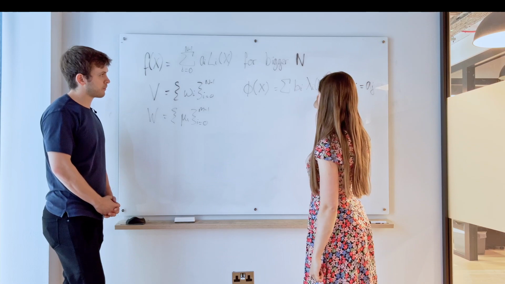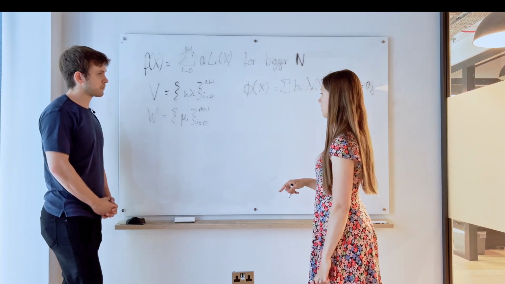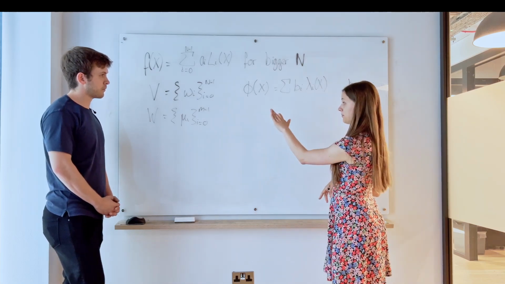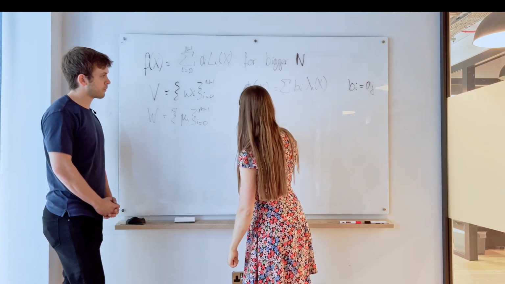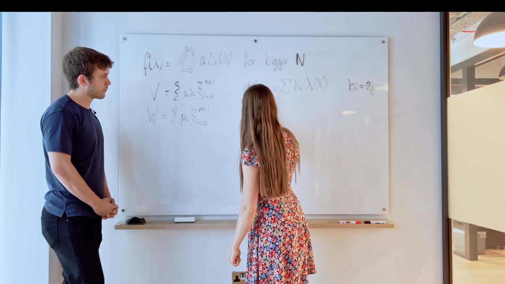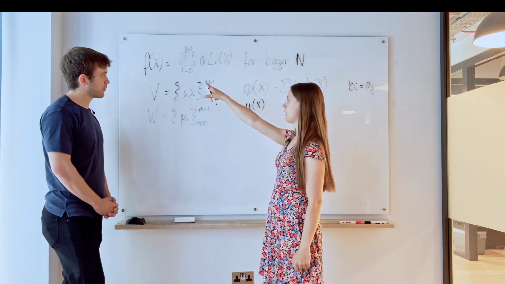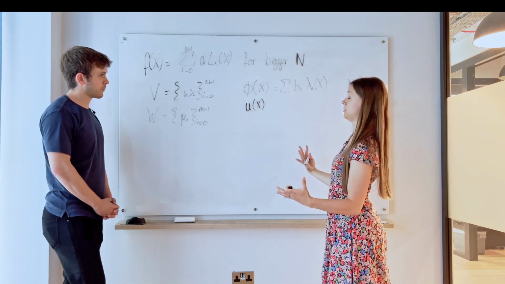Okay, so now we want to relate phi of x to f of x. But our problem is that the roots of unity are different. So what we're going to do instead is we're going to have some polynomial u of x, which is going to select out the roots of unity from f of x which are of interest to us.